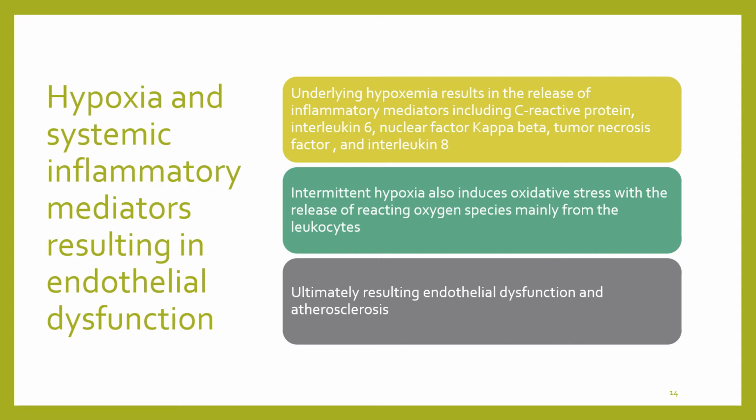These pro-inflammatory mediators cause inflammation in the body. Another problem is the free radicals that are produced from hypoxia. Intermittent hypoxia induces what is known as oxidative stress. Oxidative stress has been linked to inflammation. Both of these have been linked to endothelial dysfunction as well as atherosclerosis.